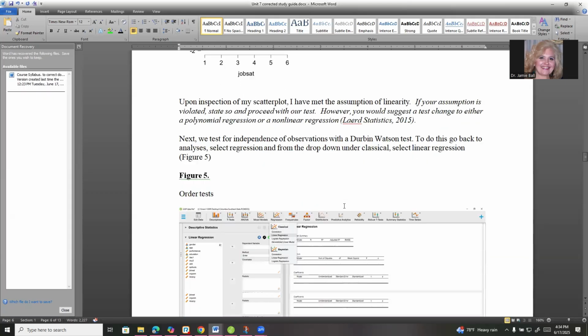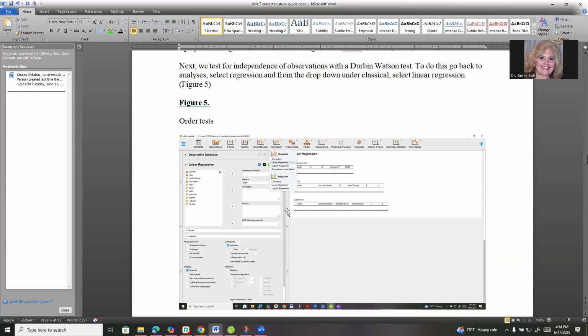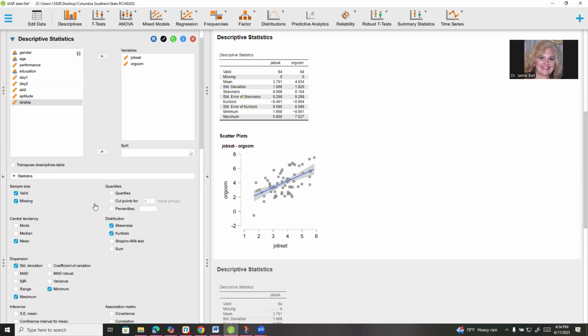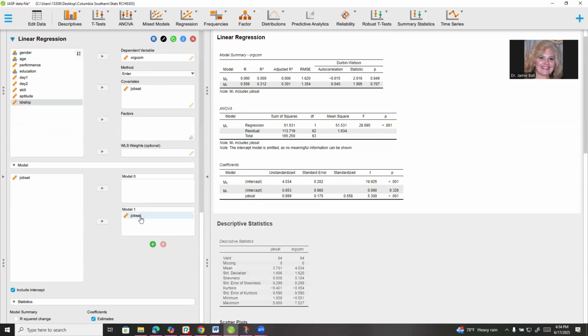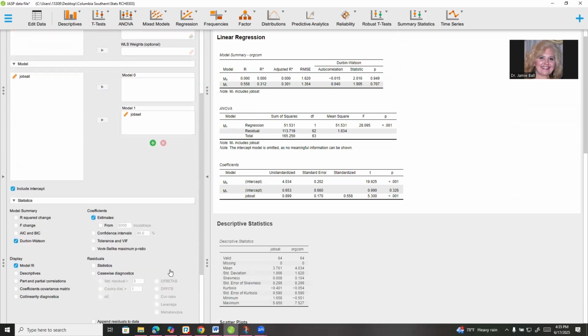All right, the next assumption is for independence of observations, also called no autocorrelation. Okay, and I am going to order that from the regression itself. That is called a Durbin-Watson test.